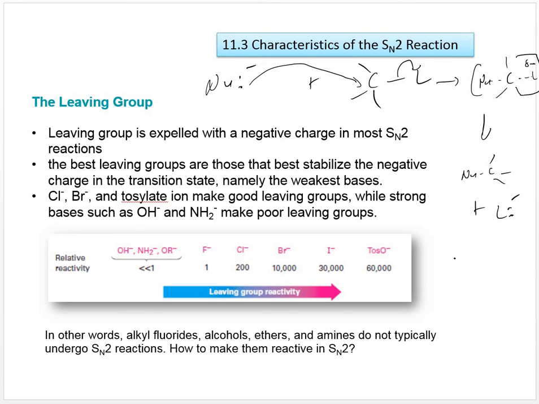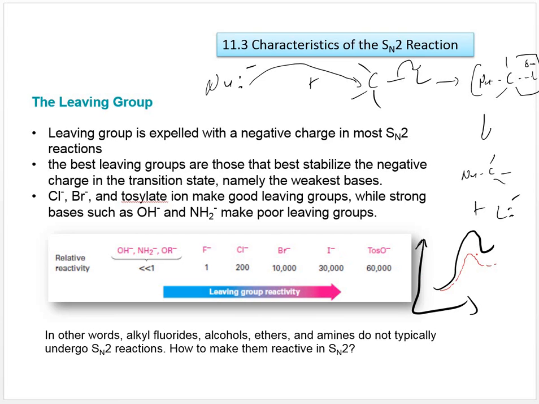Let's see the energy diagram for SN2 reactions. Let's say we have a hypothetical energy diagram. With a good leaving group or a bad leaving group, we are going to have two different energy curves, or energy profiles. The black curve is with the worst leaving groups, not good leaving groups, and the red one, which reacts faster, is the substrate with good leaving groups.